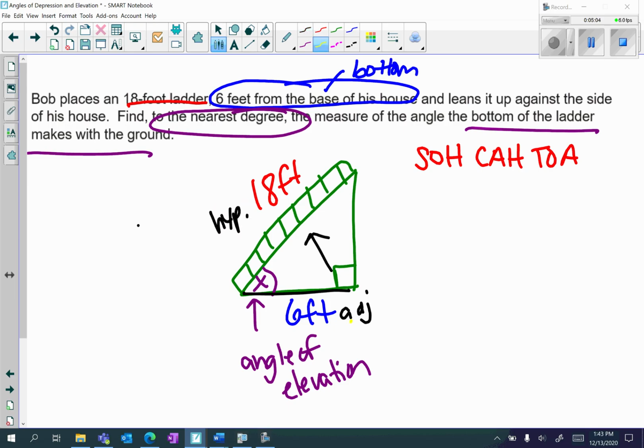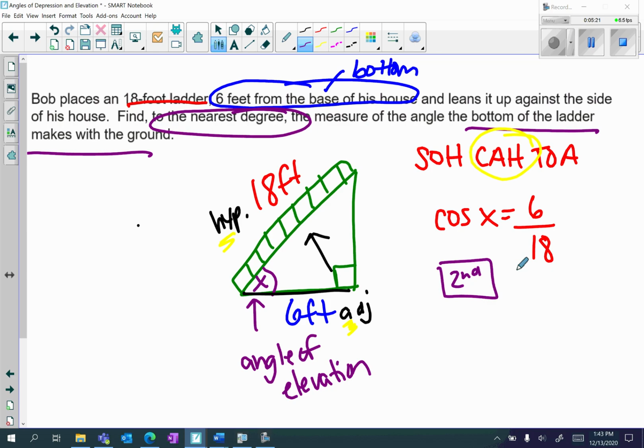So if I have A and H, which one has A and H? CAH, which means cosine. So cosine of x is equal to adjacent, which is 6, over the hypotenuse, which is 18. Don't forget, when you're trying to solve for the angle, you have to click second cos. 6 divided by 18.